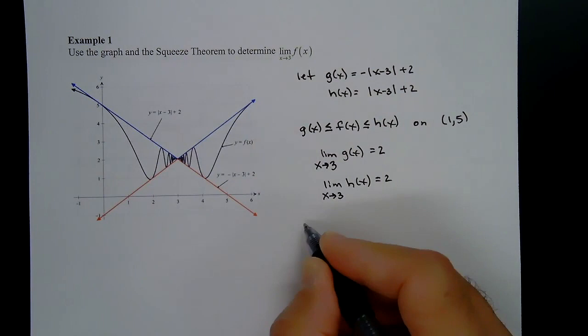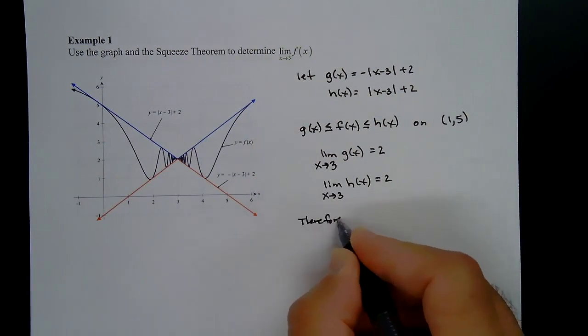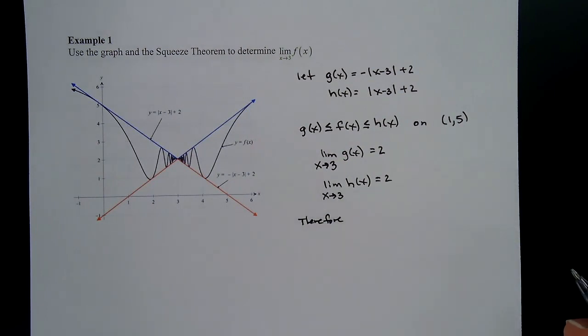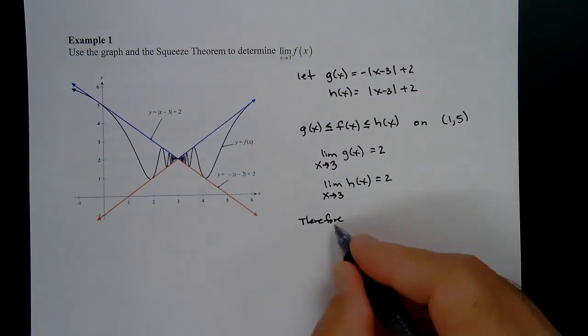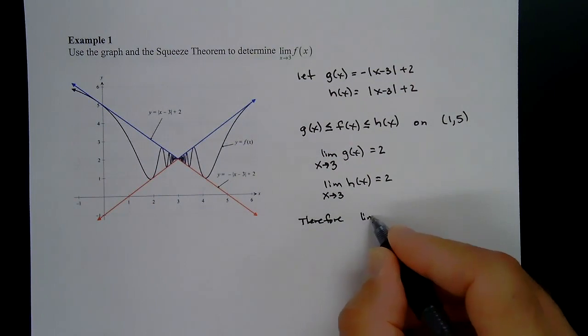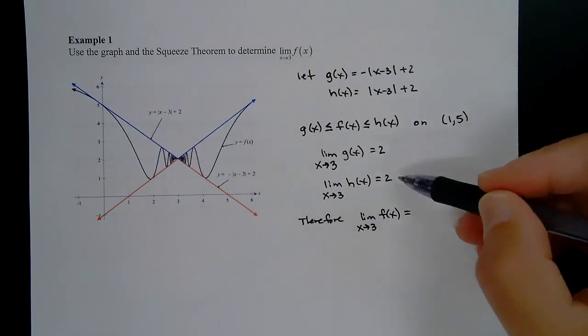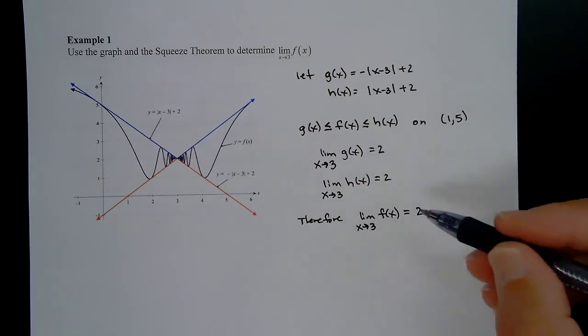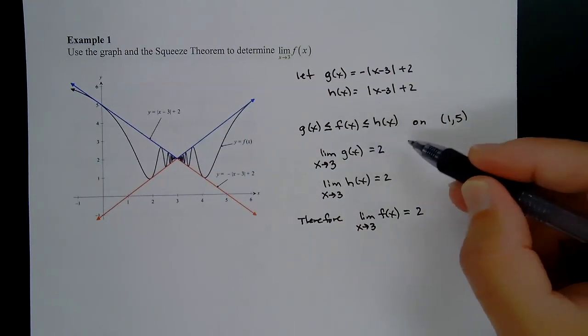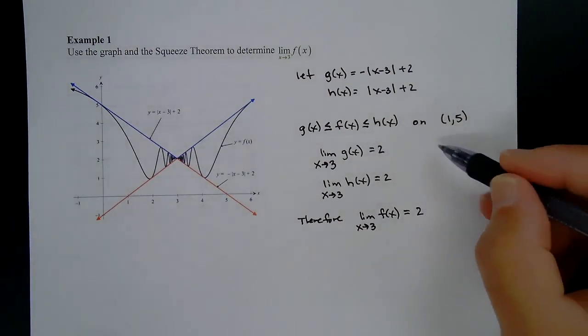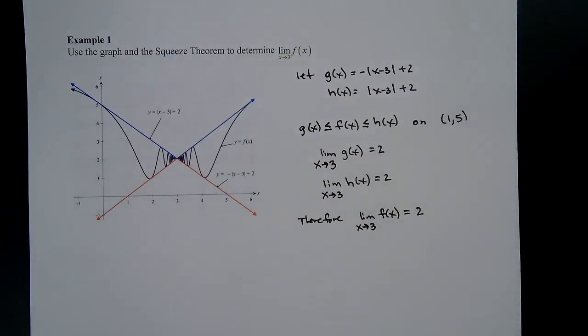Therefore, we don't even know what f of x is, but yet we can still find the limit of it, okay? Therefore, the limit as x approaches 3 of f of x must equal the same limit of 2, because f of x is in between g of x and h of x, and both those have the same limit on from between 1 and 5.